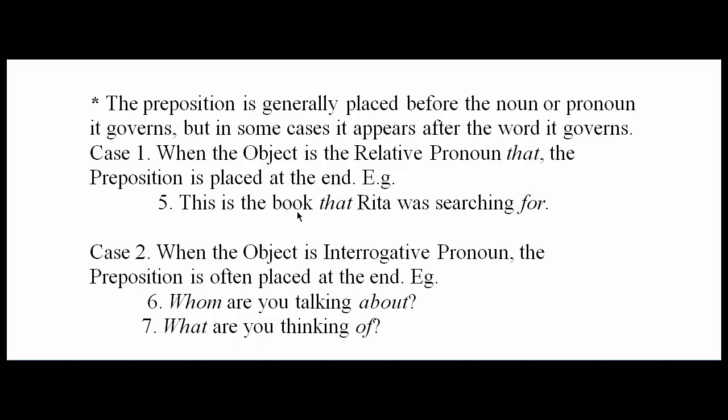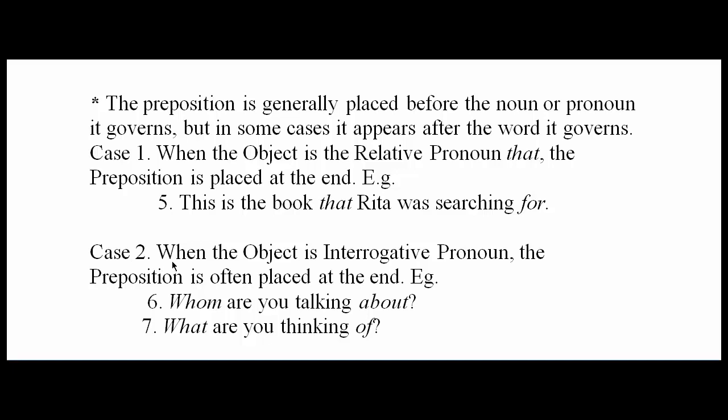When the object, the book, is a relative pronoun here, it appears after the word it governs. For example, again, this is the book that Rita was searching for. For is the preposition that governs the book, which is a relative pronoun, that.